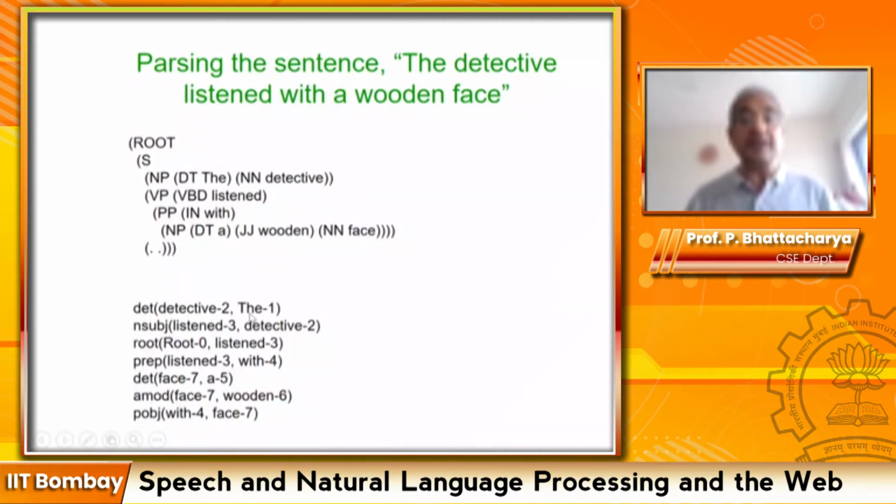Detective has a determiner, the detective. That means a particular detective. So DET is linking detective and the. Listened and with, there is a predicate called preposition. Face, a face, again determiner. amod is adjective modifier, so wooden modifies face. And there is a preposition object which is going with face.